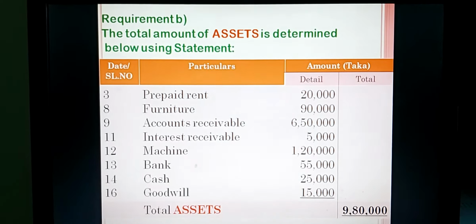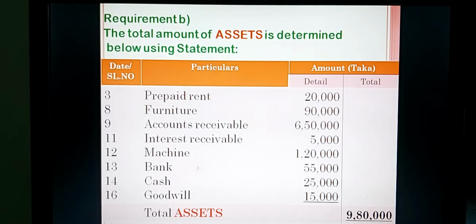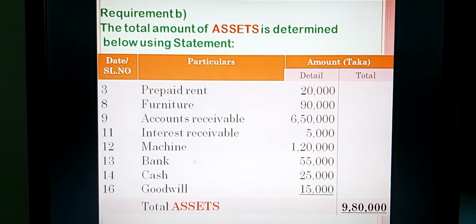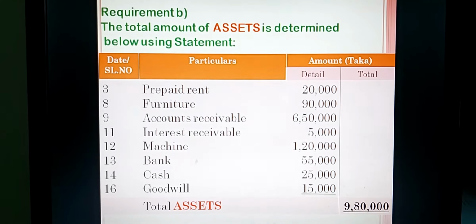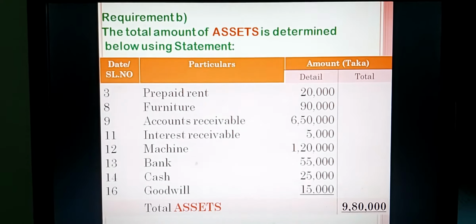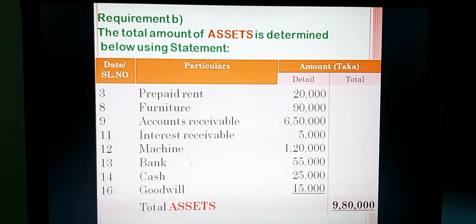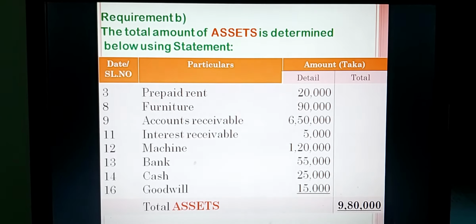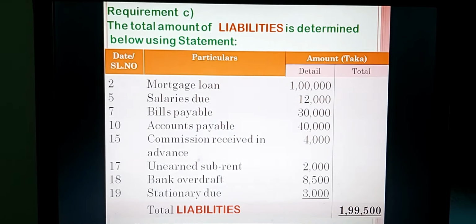Dear boys and girls, I think you have written in your copy for more practice at home. Now we can go to the next slide.